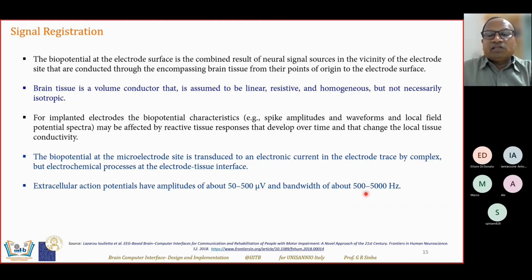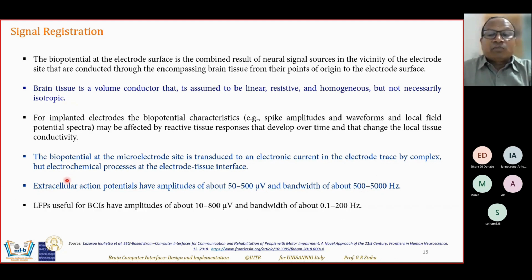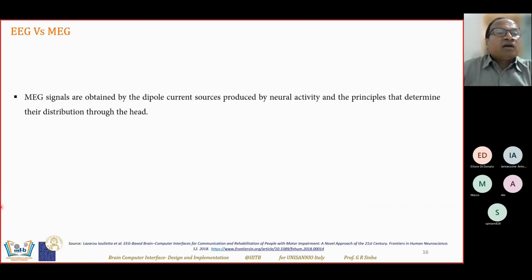Talking about those extracellular potentials, LFPs are useful for BCI, having amplitudes of 10 to 800 microvolt, and the bandwidth may be from 0.1 to 200 hertz for all those local field potentials.